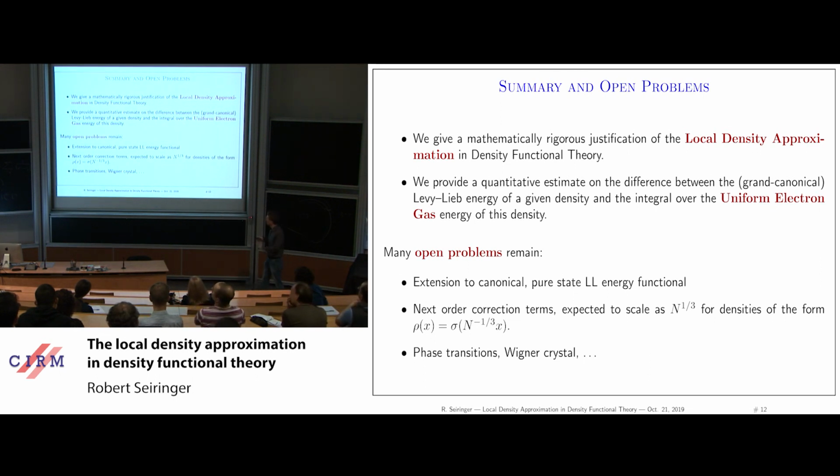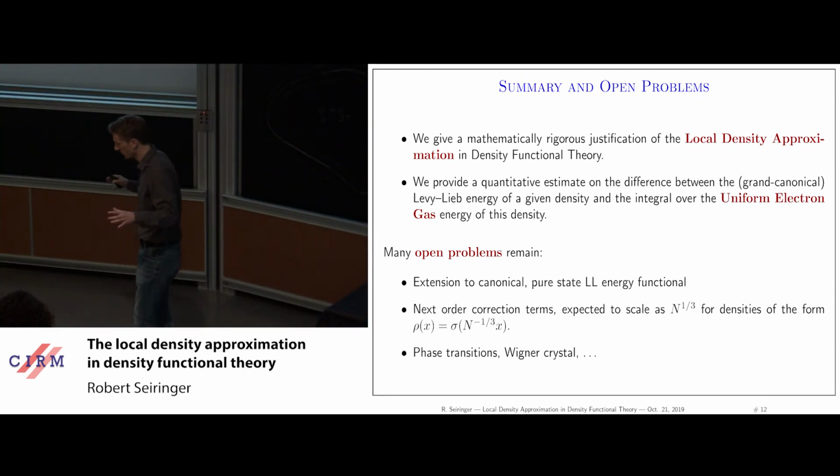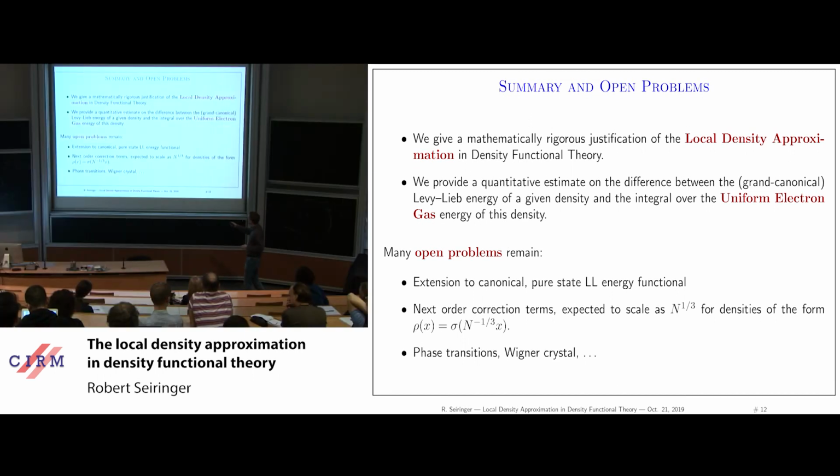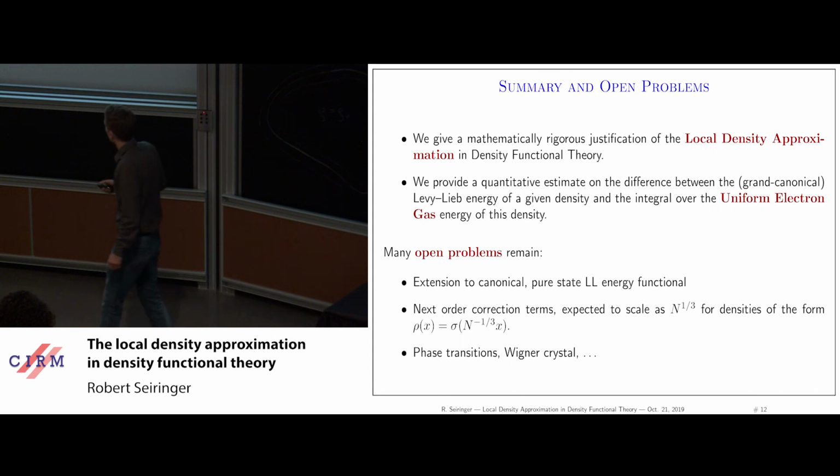In the very slowly varying case, where the density varies only on the size of the system, we got an error term compared to the main extensive term which was n to the, I think, 11 over 12. In fact, what you expect is something like n to the 1/3. So there's certainly lots of room for improvement for these exponents in the error terms.